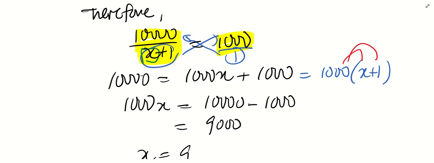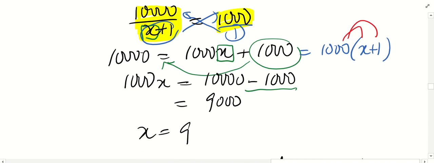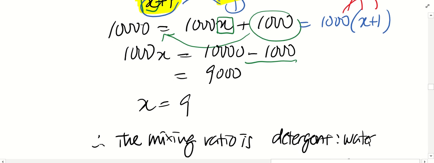I'm interested in solving for x, so we do the usual. I see there's a 1000 here, I need to move it over. 10,000 minus 1000 gives 9000. 1000x is 9000, so 1x is simply 9. So we have found x.